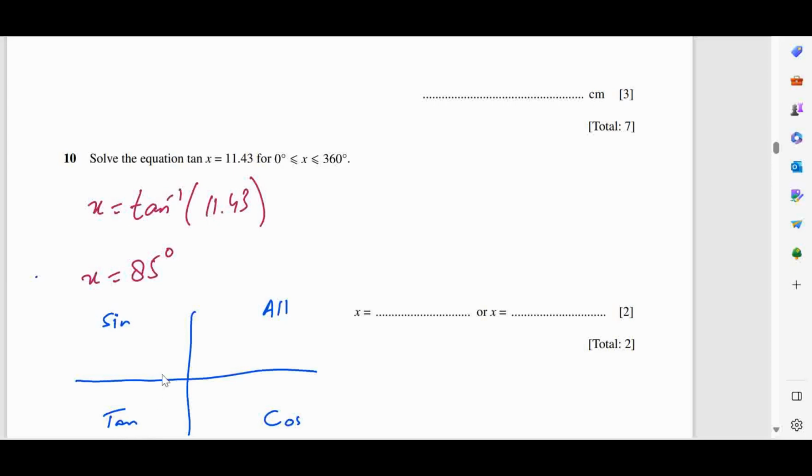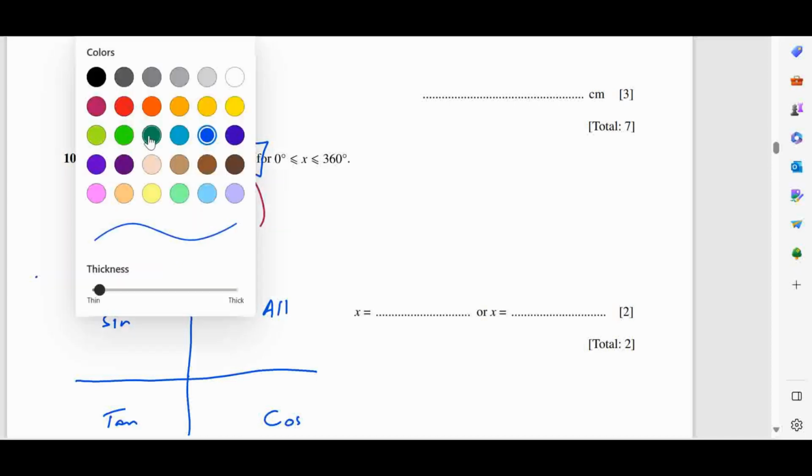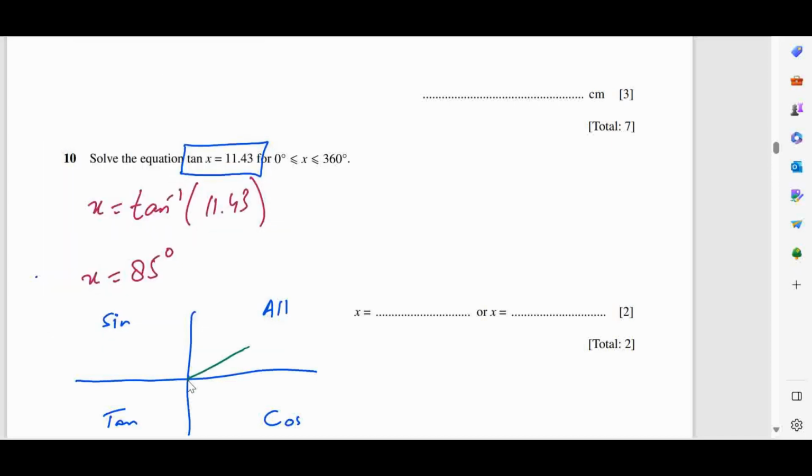Now as we can see that this one is positive over here, so this 85 degrees will lie somewhere here. Let me correct myself, this one must be the 85 degrees.